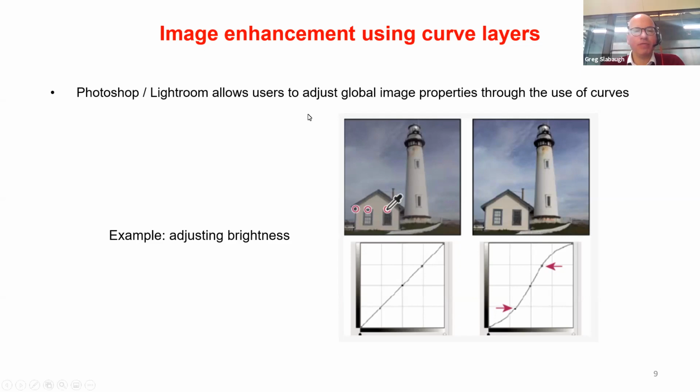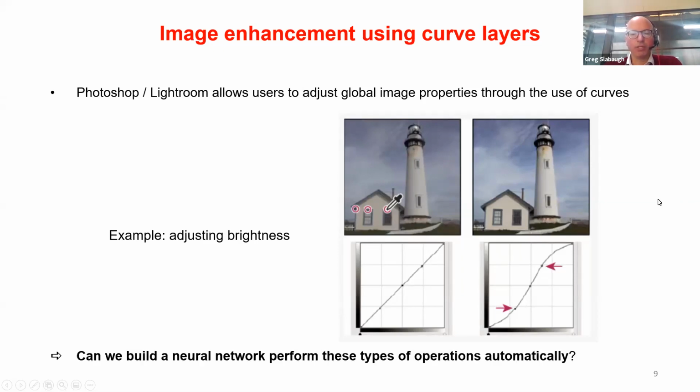In Photoshop or Lightroom, you can take an image and make the bright pixels brighter and the dark pixels darker, enhancing the contrast of the image. And that's what you see here. Artists do this operation all the time as post-processing to enhance photos. So our question was, can you build a neural network to perform these types of operations using curves? And can that be done automatically?